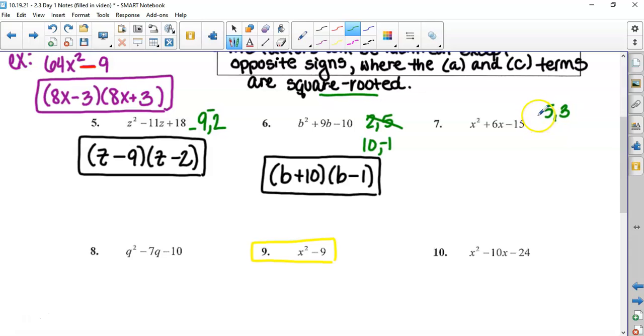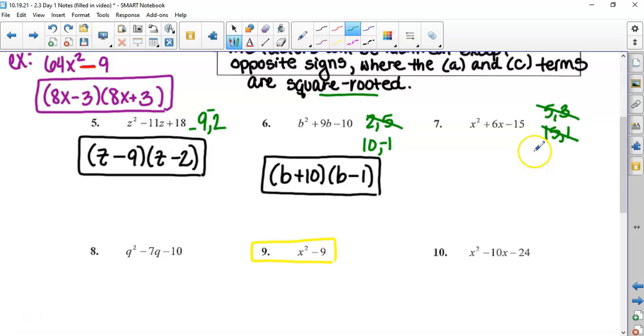If one of these is negative, that's either going to get me a 2 or a negative 2. So that's not helpful. And then I've got 15 and 1. One of those being negative gets me 14 or negative 14. Are there any other factors of 15? There aren't any.